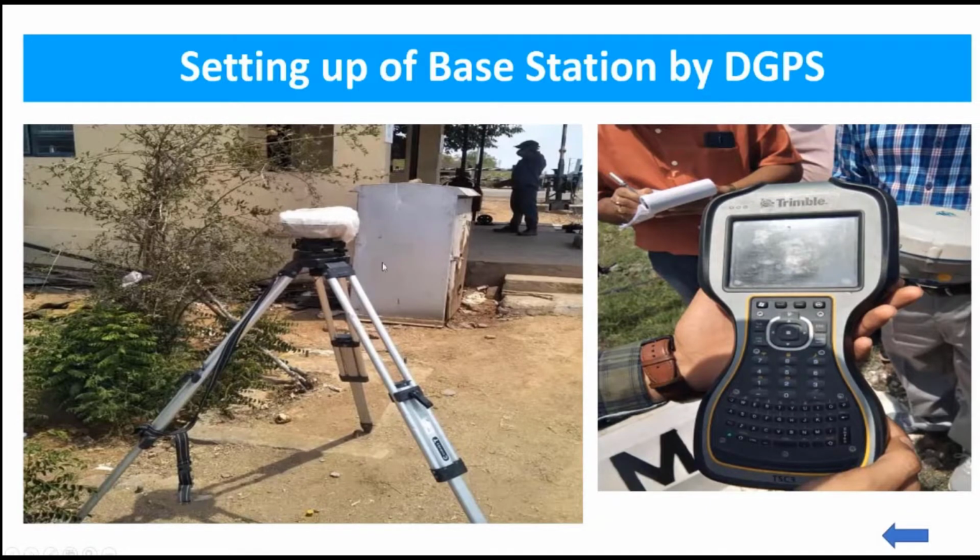Like this is the DGPS device, and it is its controller. By observing the satellite constellations for 48 hours, the base station references are established. We will discuss further also.